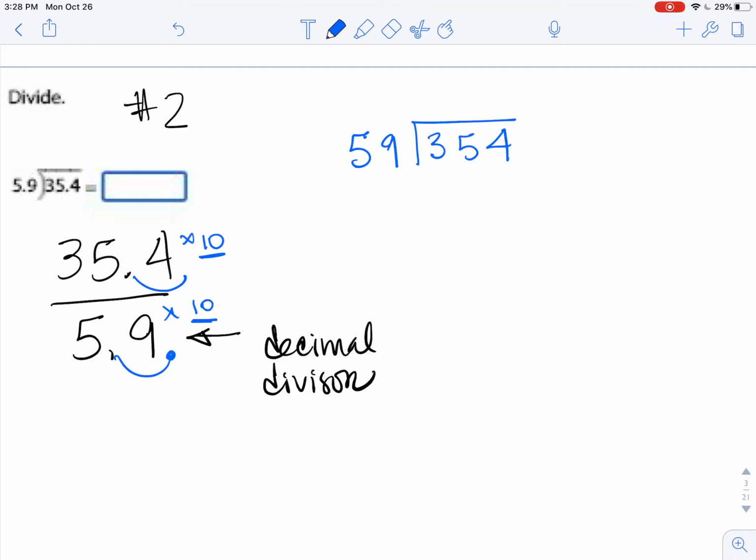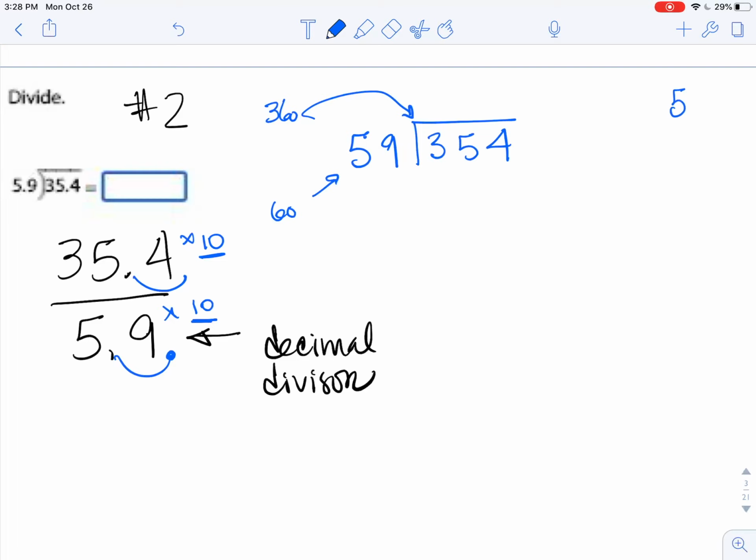So 59 goes into 354. All right, I'm going to say that this is 60, and that what's inside is 360. So that would be 60 goes into 360, or 6 goes into 36 6 times.